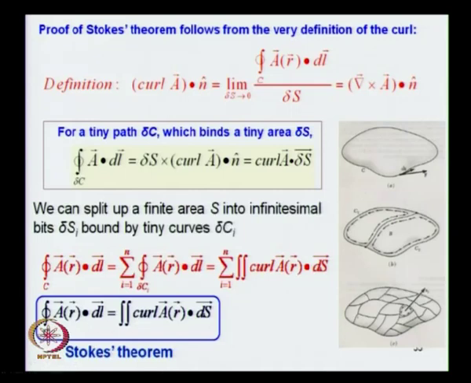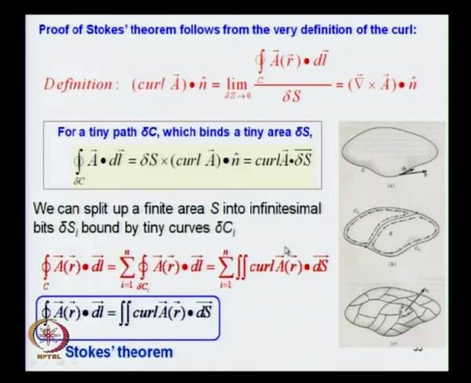So we have a complete proof for this, and this proof has popped straight out of the very definition of the curl of the vector. We did not have to add anything further to it, and this is an extremely important theorem in vector calculus, which connects the surface integral to a circulation over a closed path.